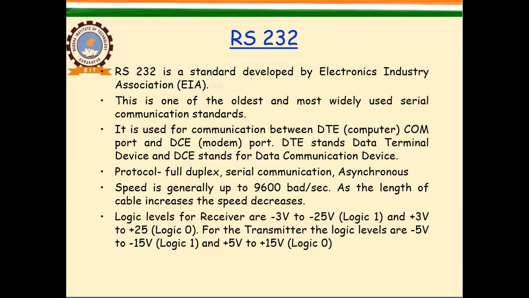Normally, the speed used in RS232 is up to 9600 bits per second, and as the length of the cable increases, the speed decreases. So naturally, it is very effective for short distance communication. It is not very good for long distance communication.